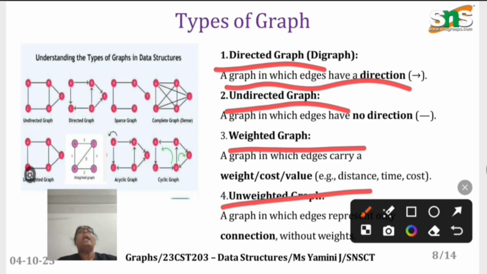An undirected graph has edges without direction, like a two-way road.